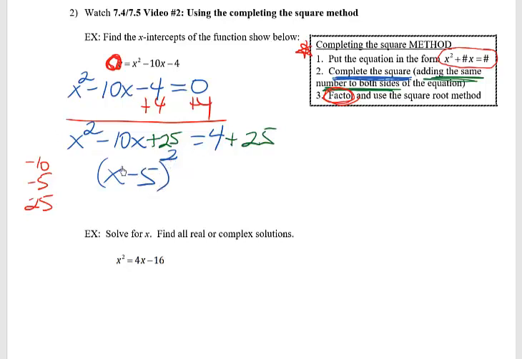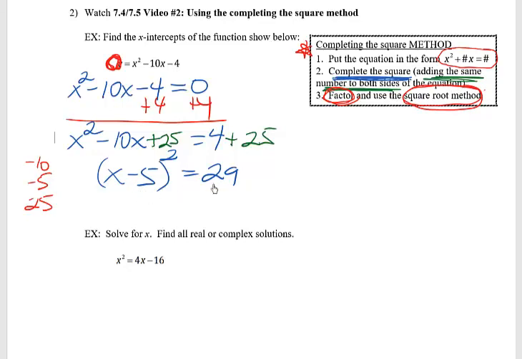If you're in doubt, you could go off on the side and FOIL this and convince yourself that you're actually getting that answer. The right side is now 29. From this moment on, we know what to do because now we have turned this equation into something that only has one x showing. And if it has one x showing, we can use the square root method.